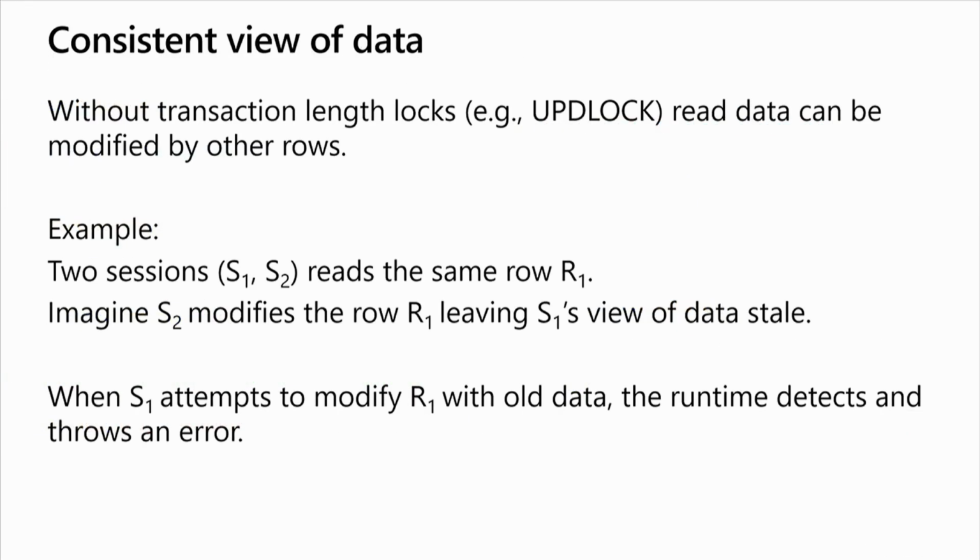Now, this is the core change that we made, and this is what you need to think about when you're seeing if you can use this. With transaction-length locks, when you're reading with update lock, you do not have to worry about anyone altering the data from another session, right? So let's say we do a write on some arbitrary row, and then we do a read committed on another row, right? We only have a snapshot of the data. We don't leave a lock on it.